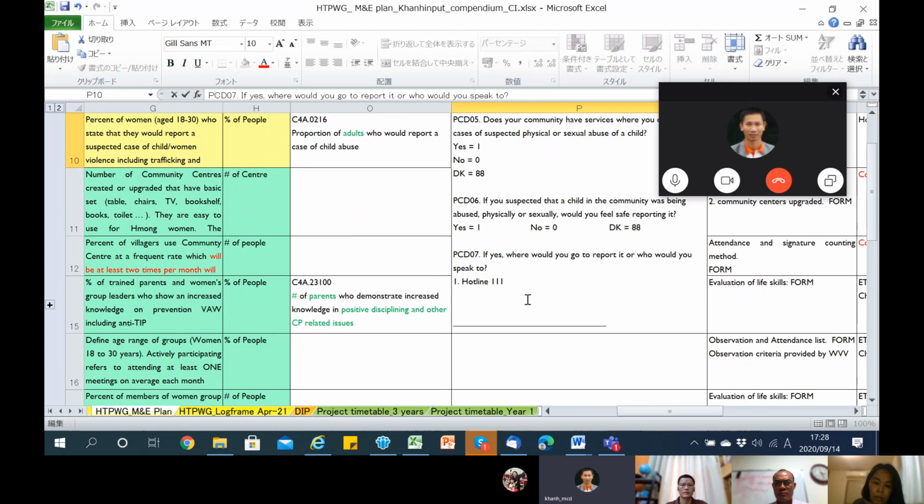The commune, I think, they already know the service to report, or they can report to the head of the village. Yes, yes. So the service here should be more specified, with some options. Okay. Then we can say others.